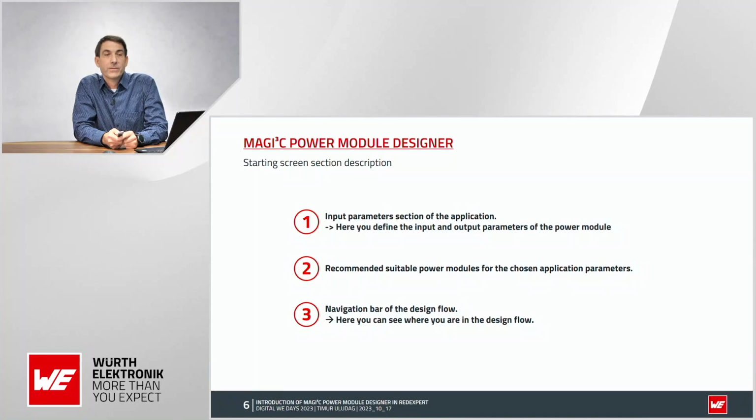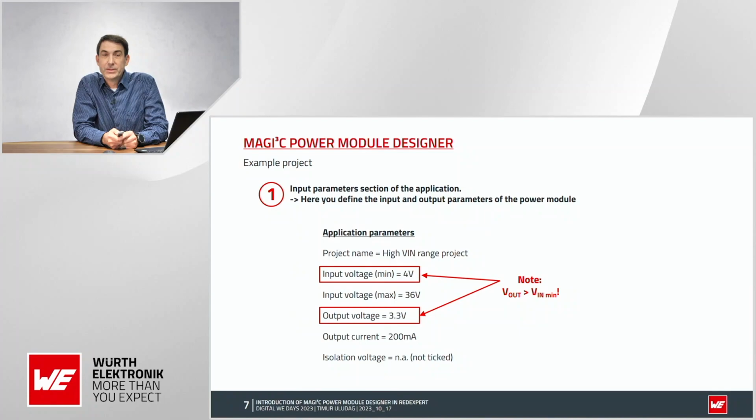So, to get a better overview, let's make a real example to show you better the functions of the MagI³ Power Module Designer. Let me choose here an input voltage minimum of 4 volts, an input voltage maximum of 36 volts, and set the output voltage to 3.3 volts.